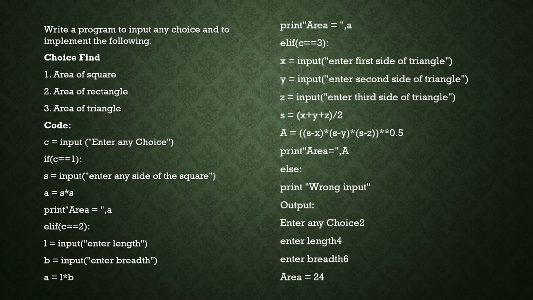To calculate the area of a triangle when three sides are given, first we need to access three sides, then we need to calculate S equal to x plus y plus z divided by 2, that is the semi-perimeter we can say, and we can calculate area equal to square root of S into S minus x into S minus y into S minus z. Here S is missing, again a small mistake here.